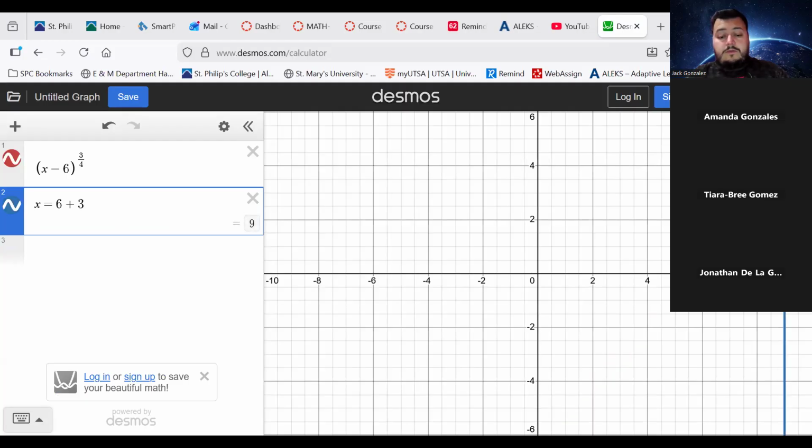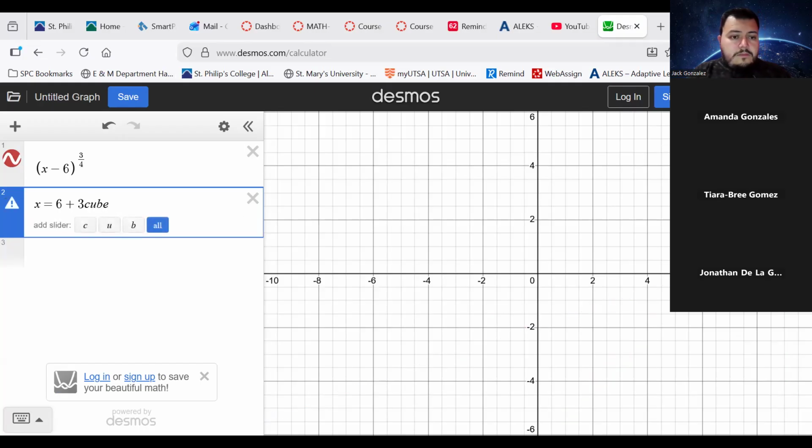Three times, is there a cube root function? Don't think so. I'll have to use this for now.